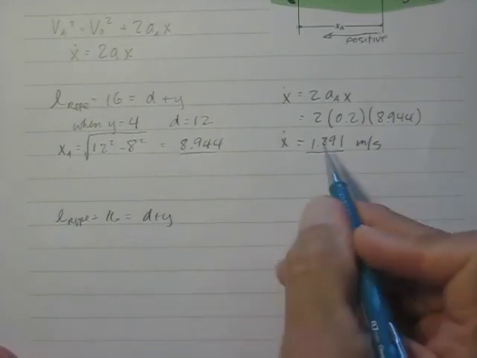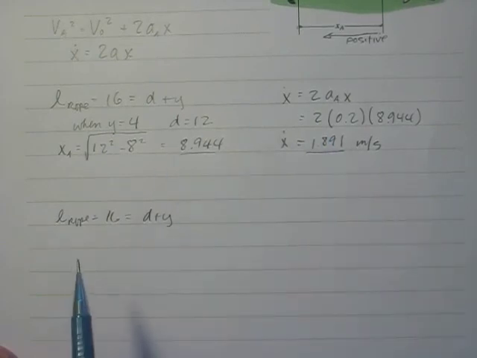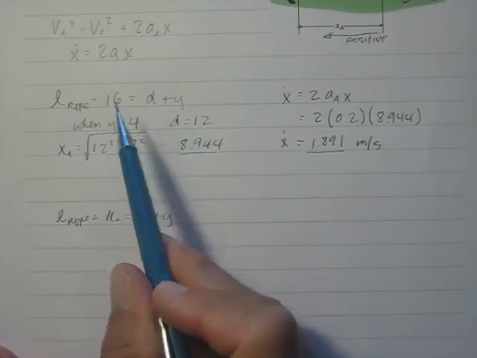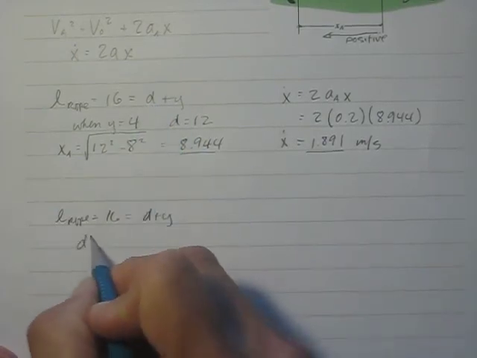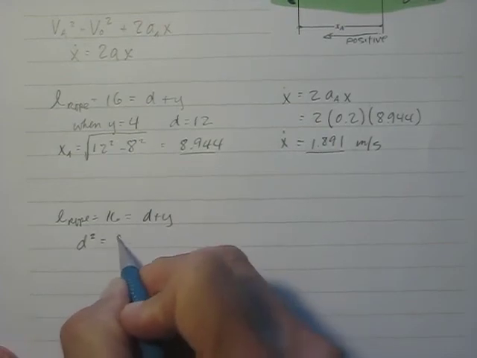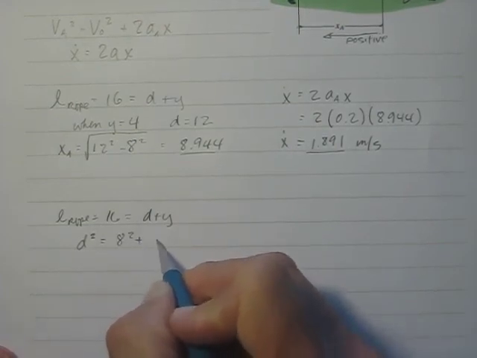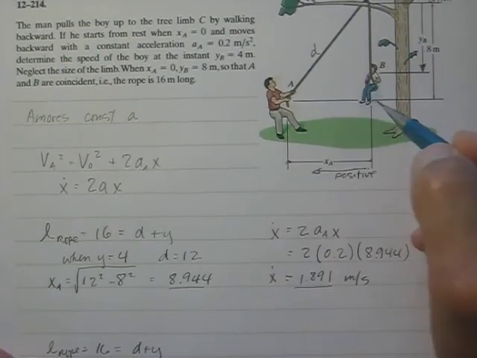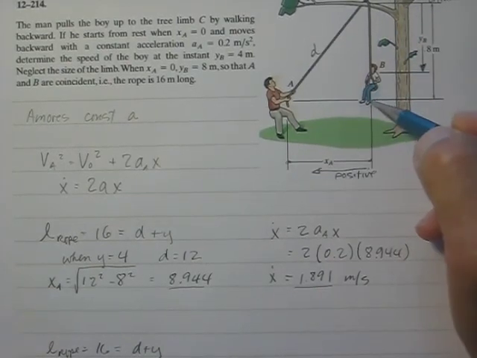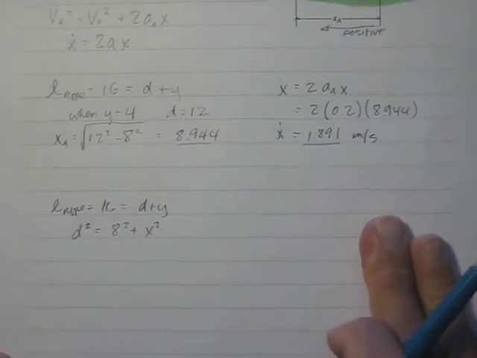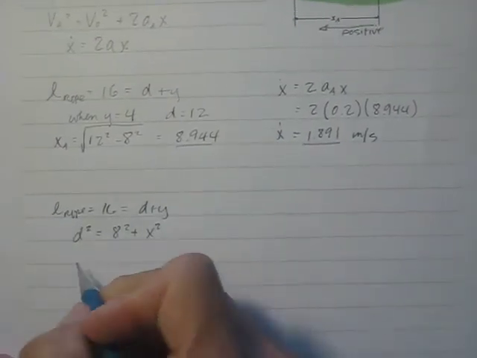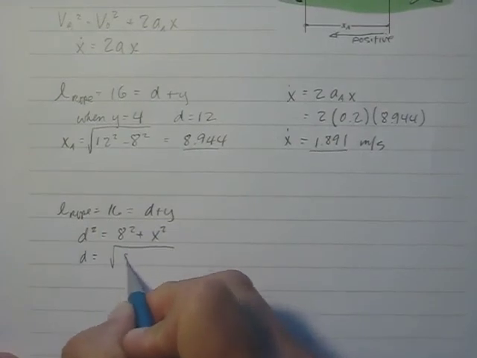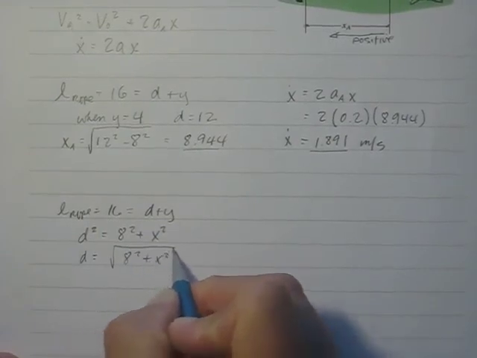And let's put d in here, which is equal to, by Pythagorean theorem, d squared is equal to 8 squared plus x squared. Back to our picture. D squared is equal to x squared plus 8 squared. Okay, and we take the square root of that. D is equal to the square root of 8 squared plus x squared.